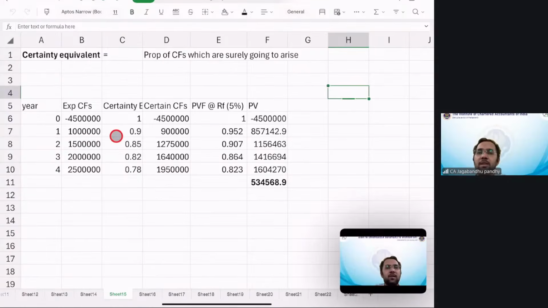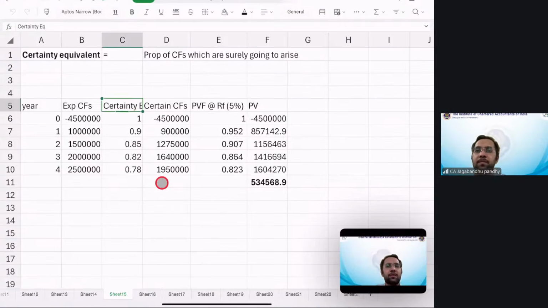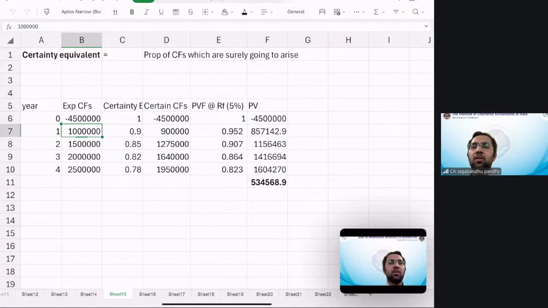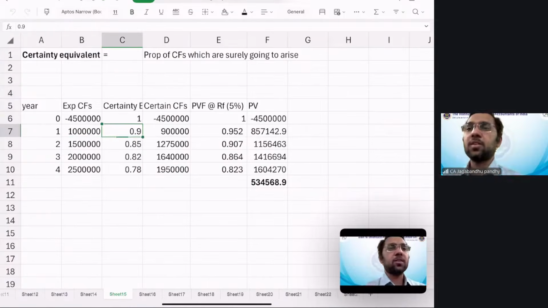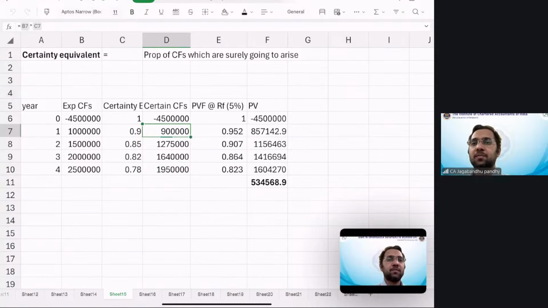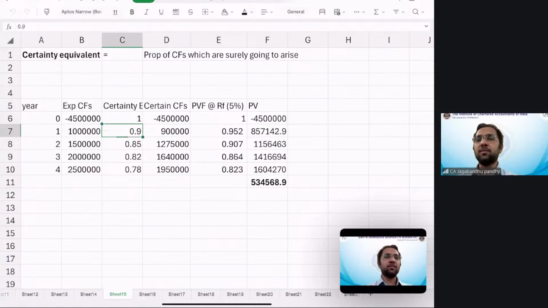Whatever is the sure component of the cash flow, whatever proportion we have, that's going to be the certainty equivalent. So expected cash flows need to be multiplied by certainty equivalent to get certain cash flows.